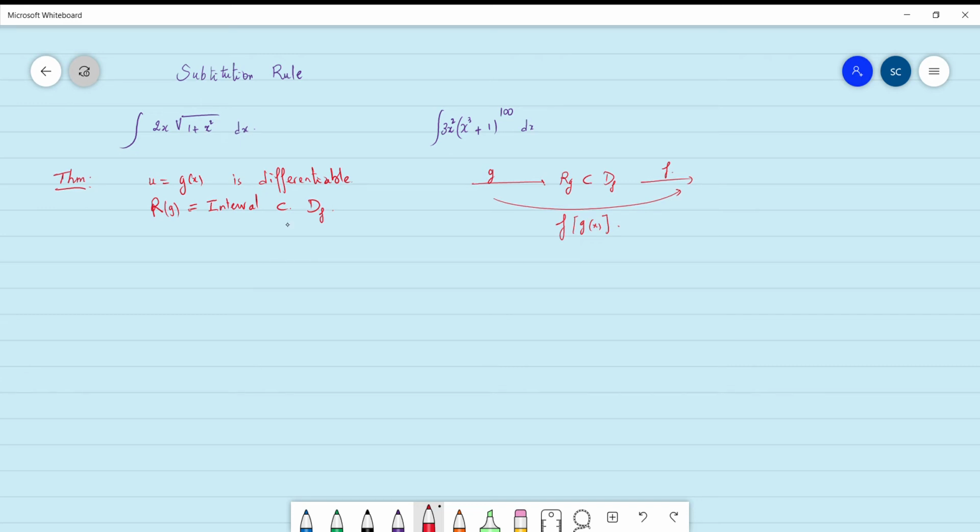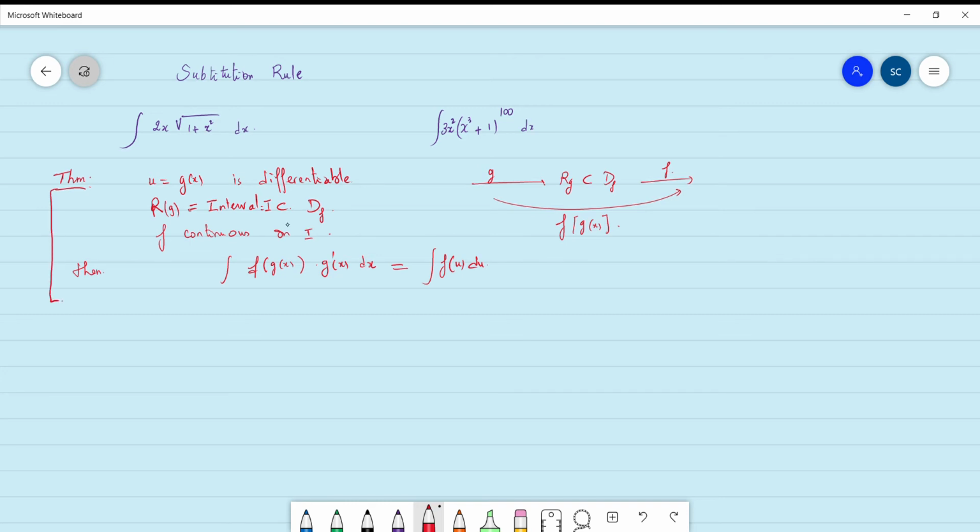Then we need f continuous on an interval I. Then the theorem says that computing an antiderivative of a function in this form, f at g of x times g prime of x dx, is exactly the integral of f(u) du.